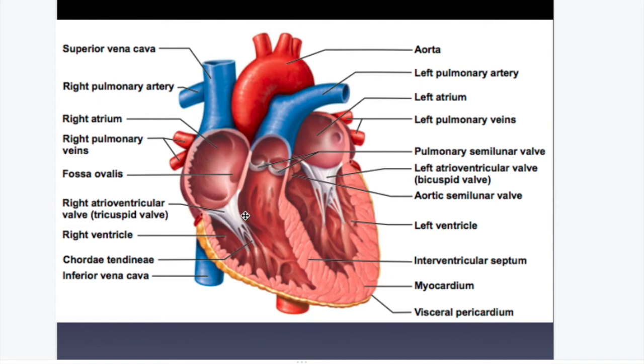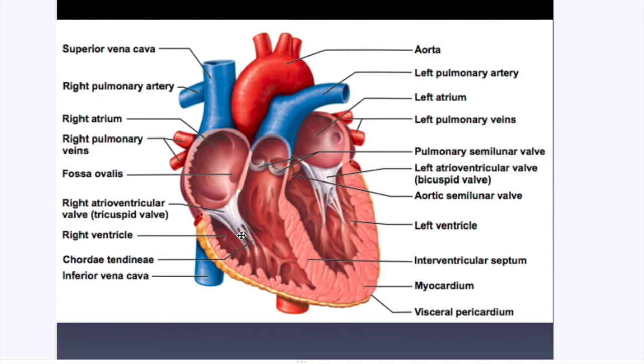So our heart actually has 4 valves inside of it. The valve that separates the right atrium from the right ventricle, we can call the right AV valve, right atrioventricular valve, or the actual name for it is the tricuspid valve. The reason why it's called tricuspid: cusps are these little flaps that we see on the heart valves.